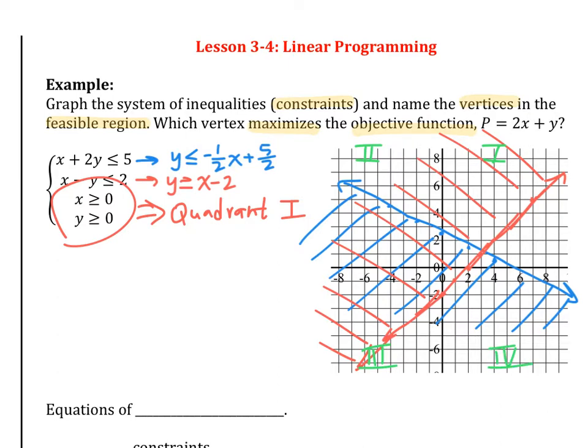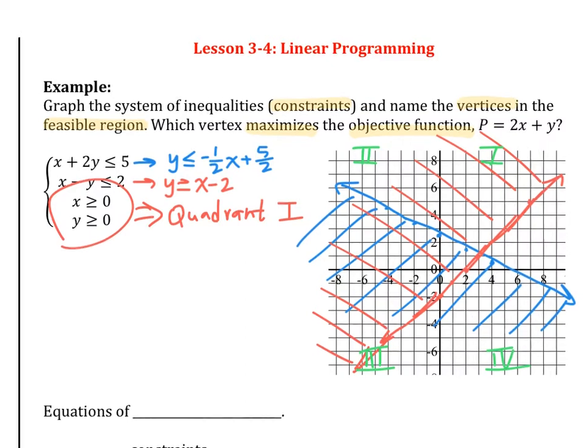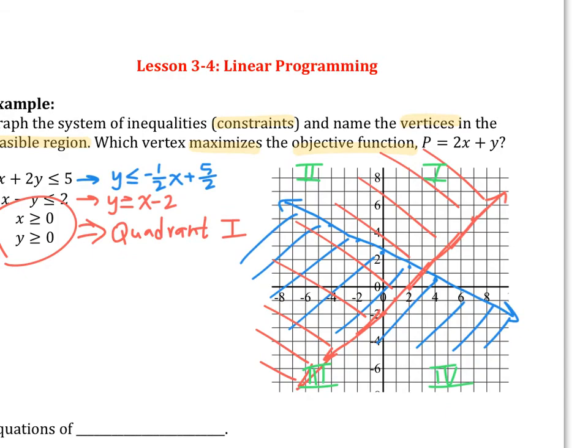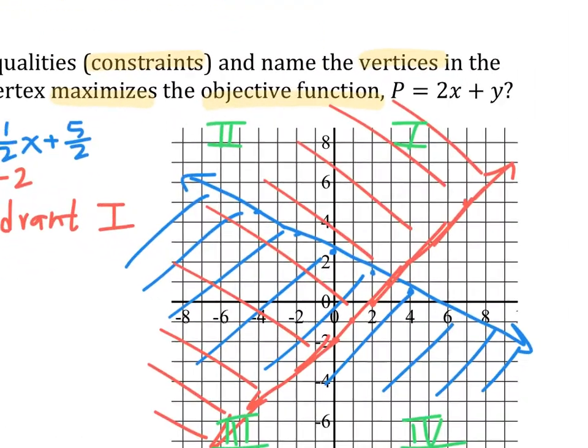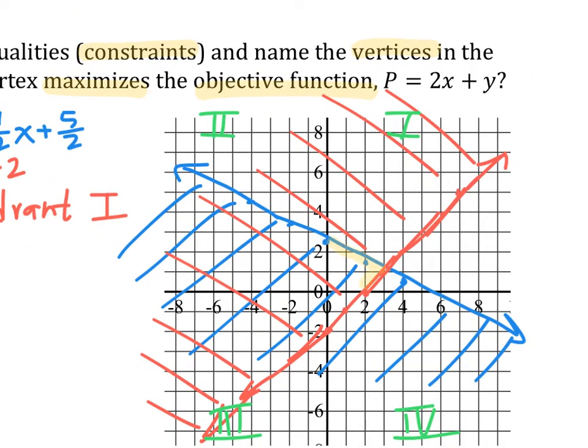So both x and y greater than or equal to 0, that just means quadrant 1, including the x and y axis. So the region that is enclosed between these 4 constraints is this part.